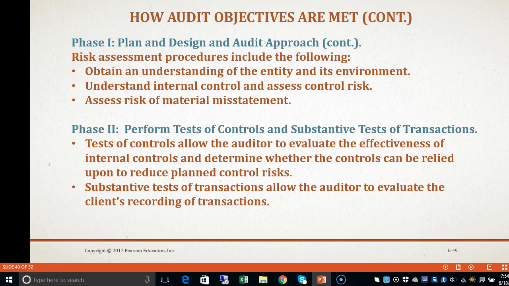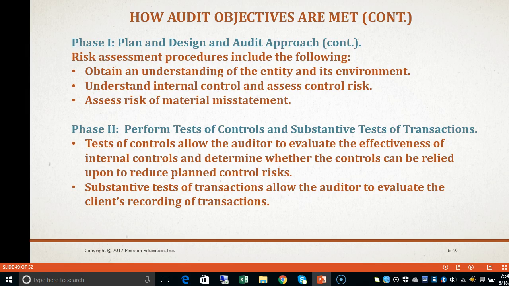Phase 1, plan and design the audit approach. Risk assessment procedures include the following. Obtain an understanding of the entity and its environment. In today's modern audit, the focus has become more and more on the auditors knowing the business cycle, the nature of the business, the competition, the environment that it's in.